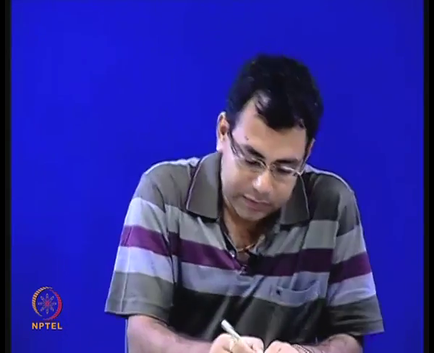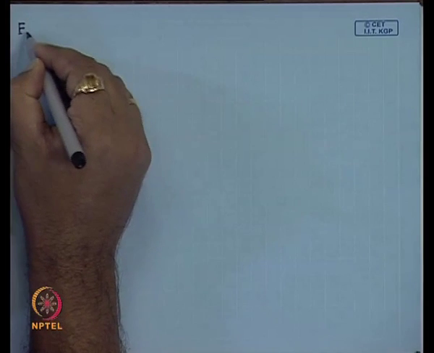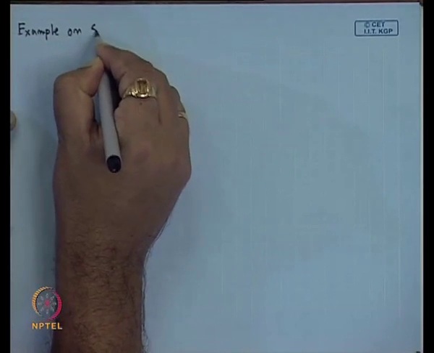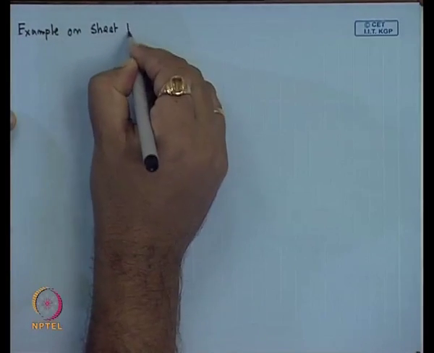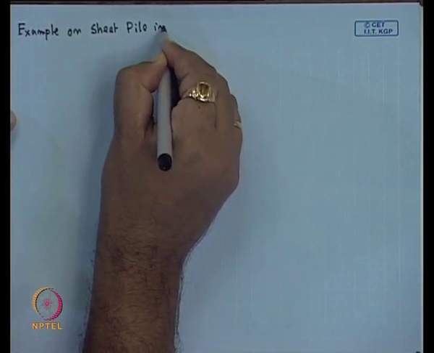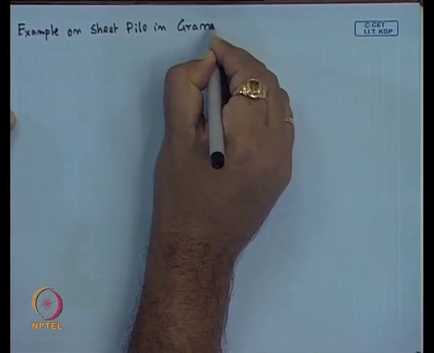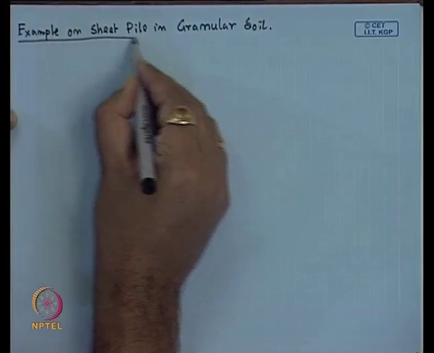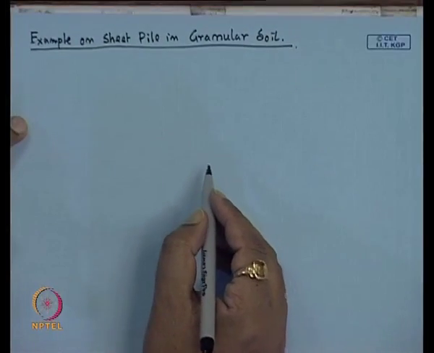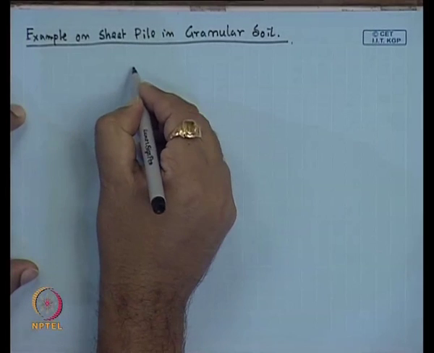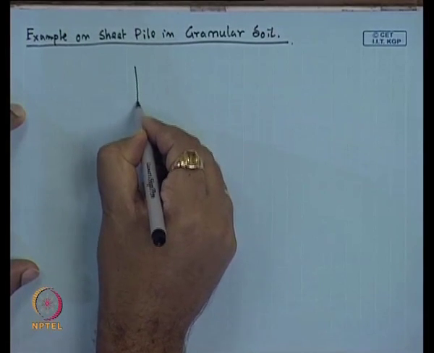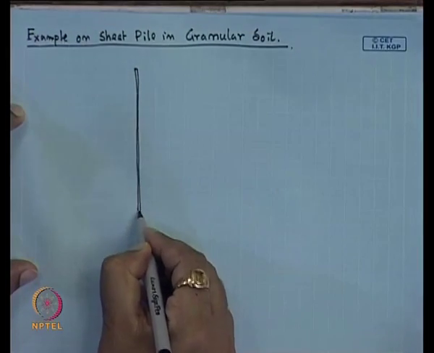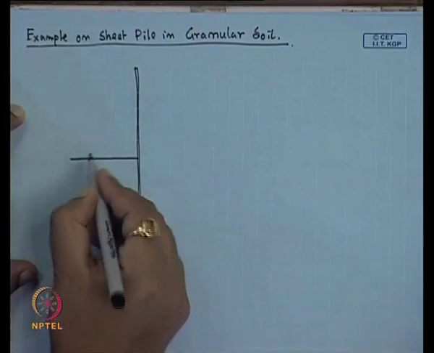Now, if I start this example on the sheet pile, for this example I have taken a sheet pile whose required depth we have to calculate, and suppose this is the dredge level.